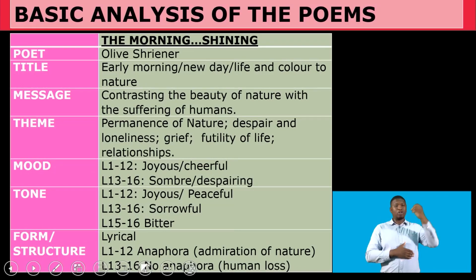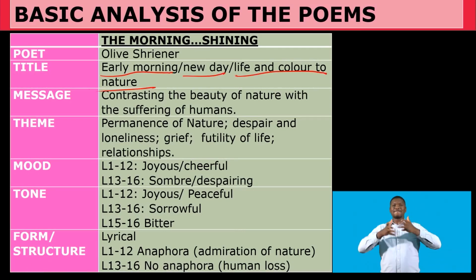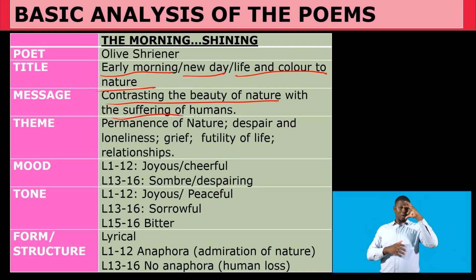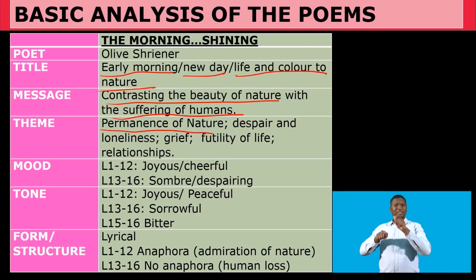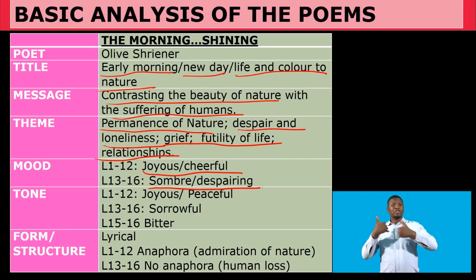The Morning Sun is Shining is written by Olive Schreiner. The title refers to early morning, which is a new day, a life and color to nature. The message is contrasting the beauty of nature with the suffering of humans. The theme is one of permanence of nature, despair and loneliness, grief and the futility of life and relationships. The mood is joyous, cheerful, and then it shifts in line 13 to quite somber and despairing.